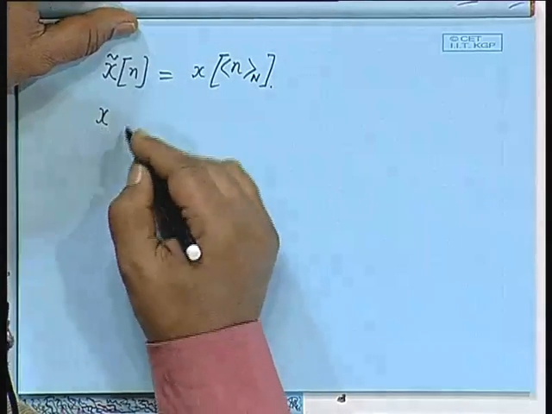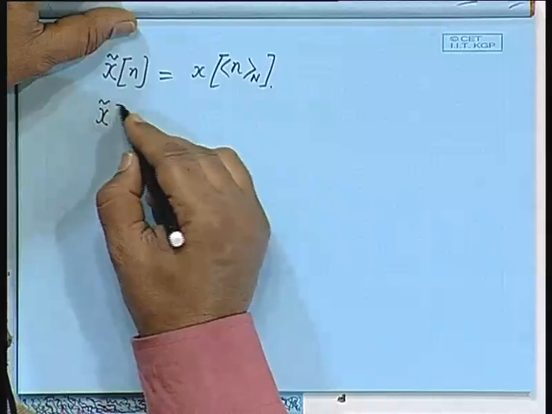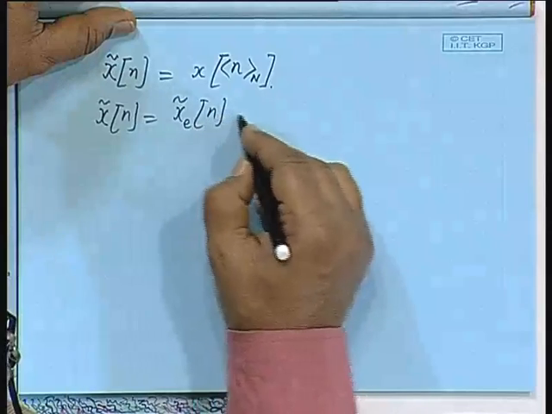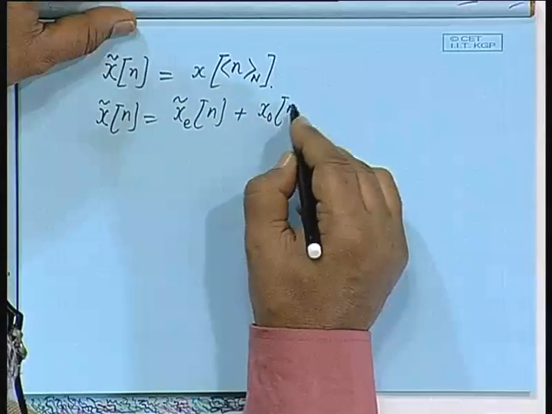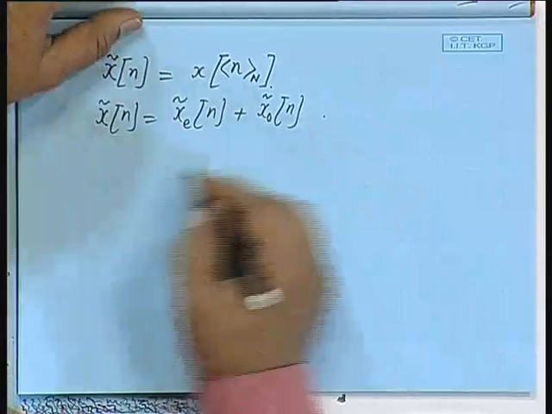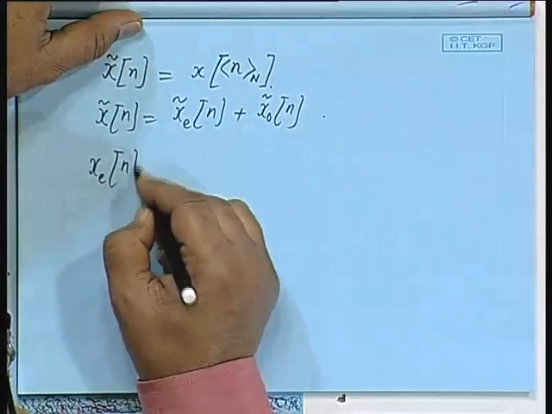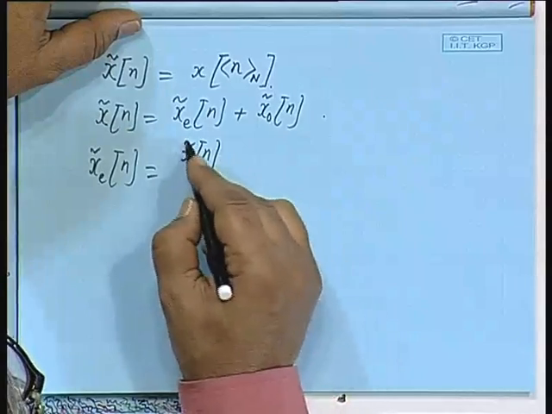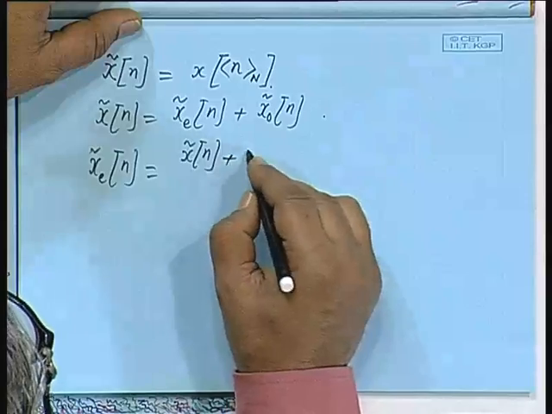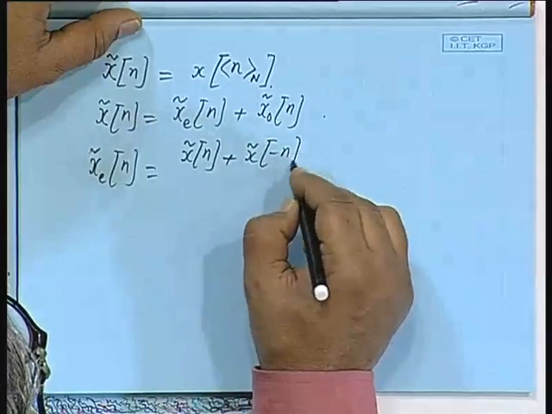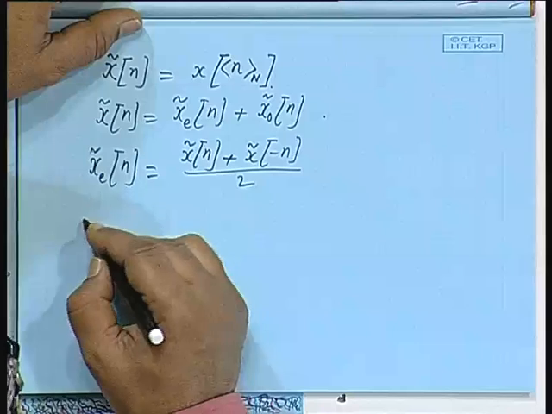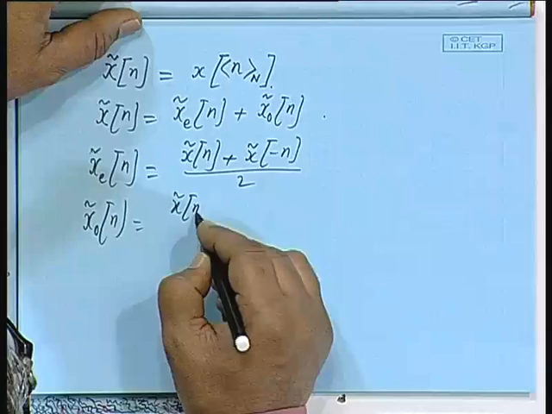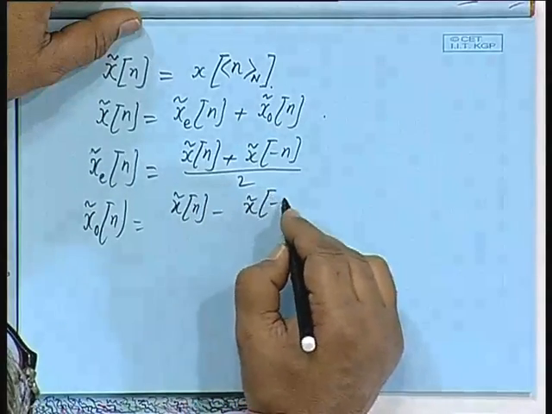So, I can write x tilde n as an even part and an odd part, okay, where the even part x tilde e n is x tilde n plus x tilde minus n by 2, and these tilde marks mean they are all periodic functions. Similarly, the odd part is x tilde n minus x tilde minus n by 2.